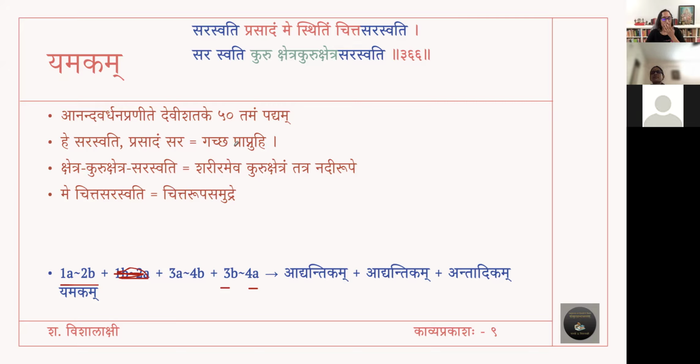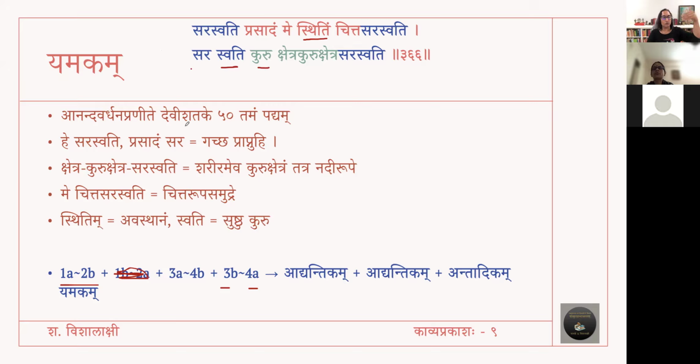Here Chittarupa Saraswati is in my Chittam, which is in the form of a Samudram. There you should exist as a Nadi Rupa. Sthitim swati, sthitim kuru. Sthitim is there here, swati kuru.